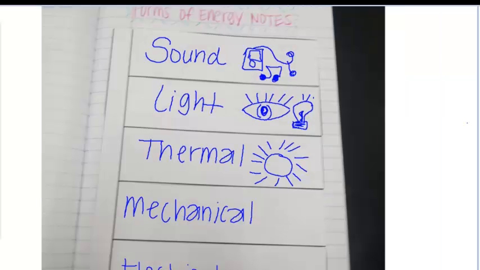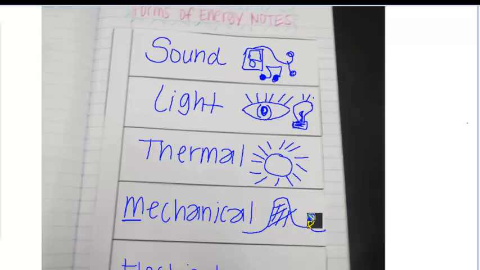Now, what you need to know is that this mechanical energy, that M, stands for moving. So you can draw a little picture of something moving, anything you want. It could be a bike. I like to draw a roller coaster because that's fun. We know a roller coaster is in motion.